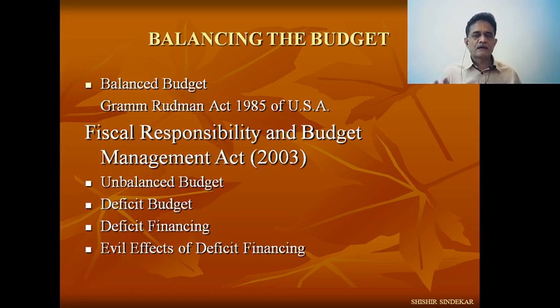I know that today I have not discussed anything about the budget of 21-22, but in another lecture I will try to explain what the government will have to do. Again, my name is Shishir Sandekar and I write regularly in newspapers.